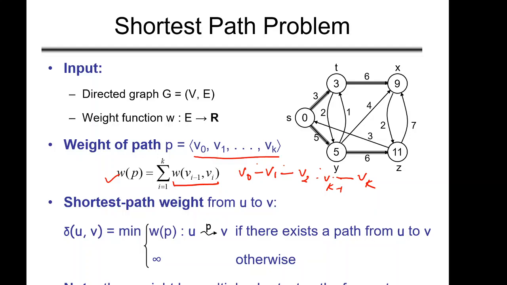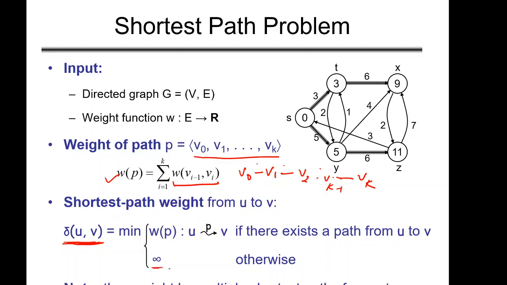The shortest path weight is defined by delta of U V. What we need to take is the minimum weight over the existing paths between U to V. If there exists a path from U to V, we select the path which has the minimum weight, and if there is no path between U to V, then we call it infinity.